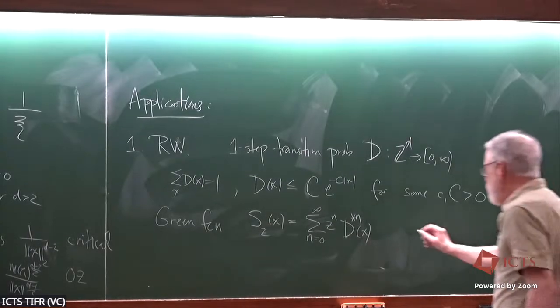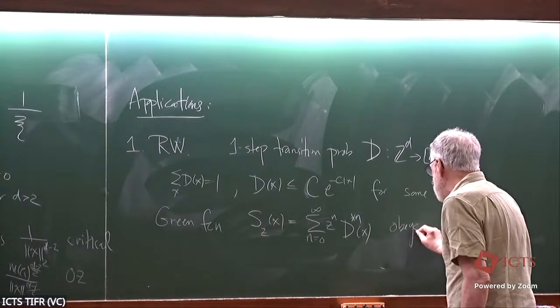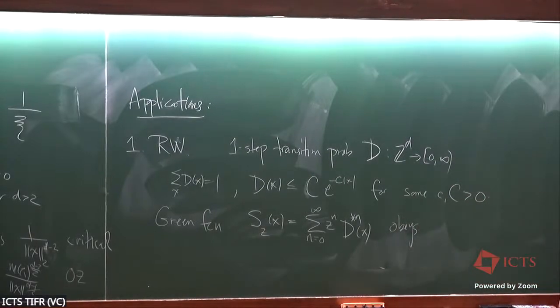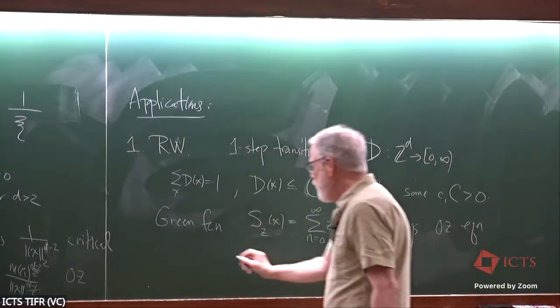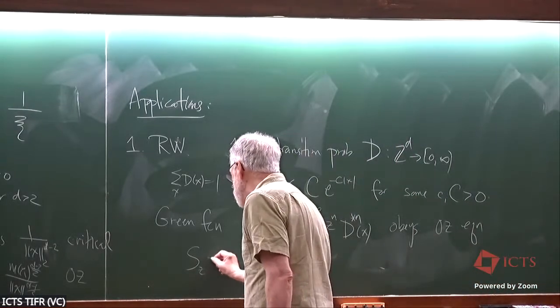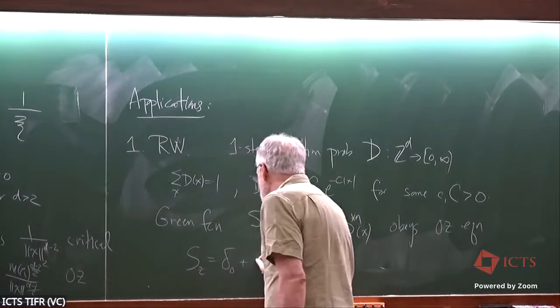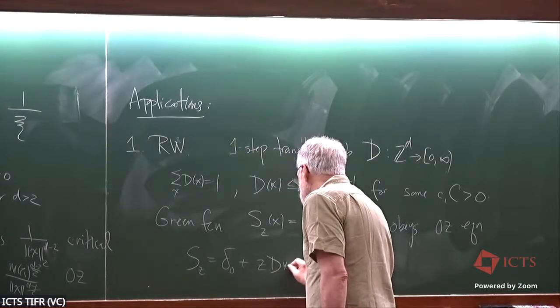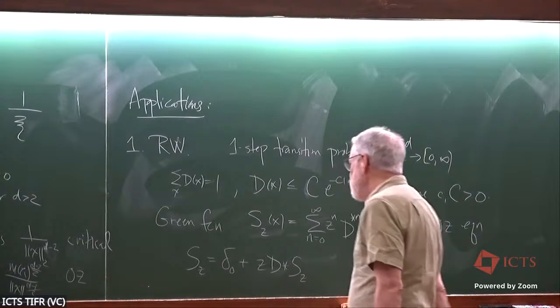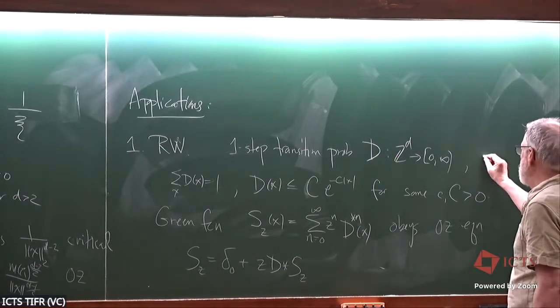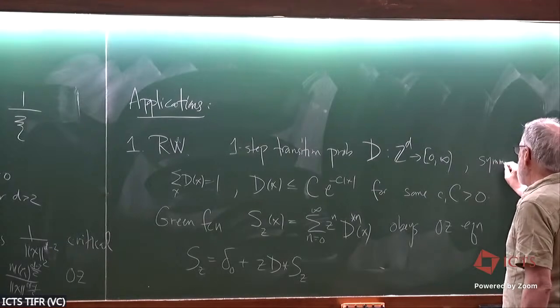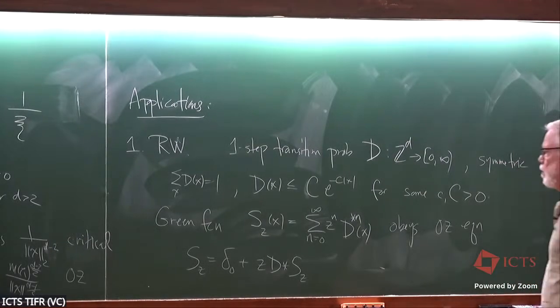And it obeys, in the same way that we saw for simple random walk before, the OZ equation, the Ornstein-Zernike equation, that S_z is equal to delta 0 plus z D star S_z. And I guess I want this to be symmetric so that S will be as required by assumption 1.